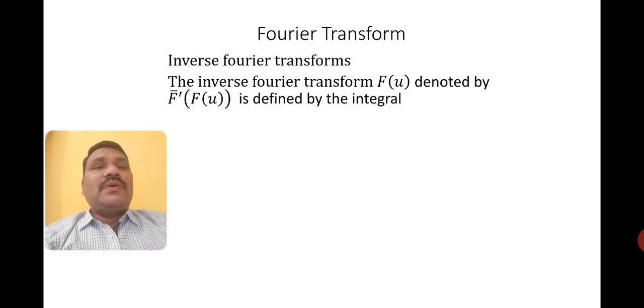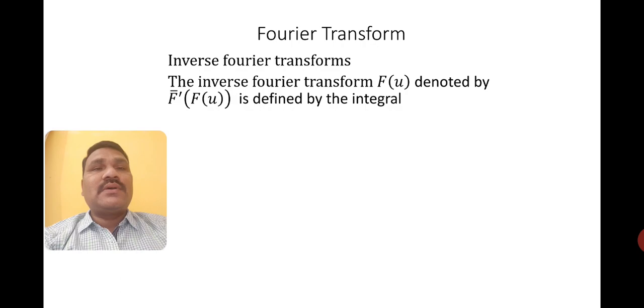Now the inverse Fourier transform. I think you can connect this with Laplace transform, where we say L of f of t is equal to f bar of s. The same thing I'm doing here.